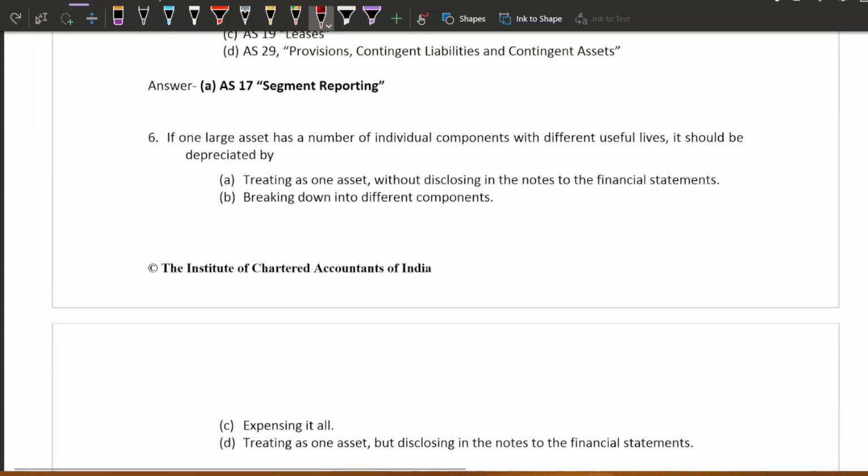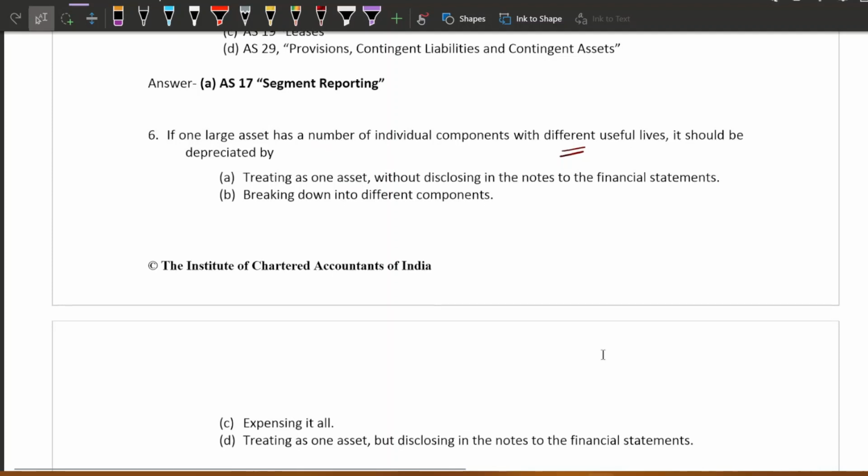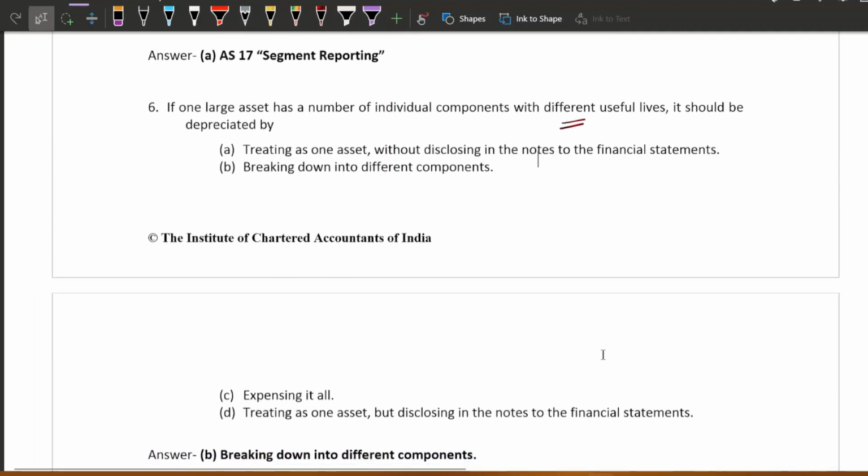If one large asset has a number of individual components with different useful lives, it should be depreciated by: treating as one asset without disclosing in the notes to the financial statements, breaking down into different components, expensing it all, or treating as one asset but disclosing in the notes to the financial statements. So the answer is breaking down into different components. To understand this, we have an example.